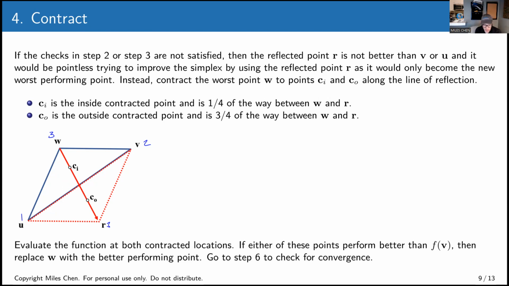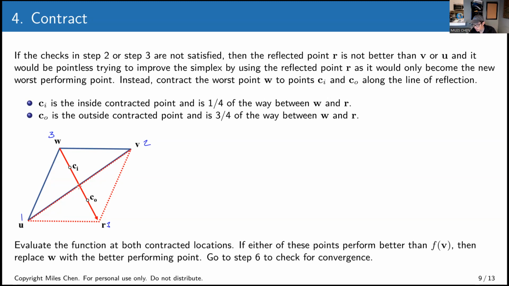You'd reflect it back and you'd just be flipping between R and W. If R is the worst point, how are you going to improve anything? So when we reflect any of these points or try a new point, it needs to outperform the second best point. It can't just become the worst point again. It needs to at least outperform the second best point to make an improvement.